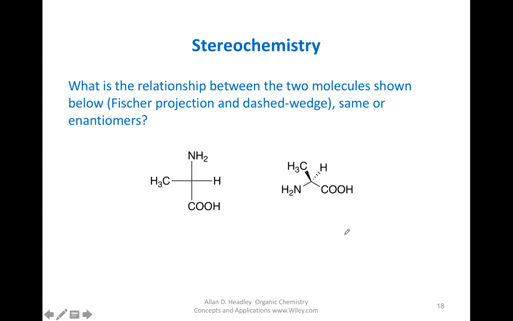Okay, let's look at this. So now it's becoming a little more complex because now we're looking at the Fischer projection of an amino acid and the dashed wedge representation of an amino acid. The question now is, same question, are they the same or are they different?